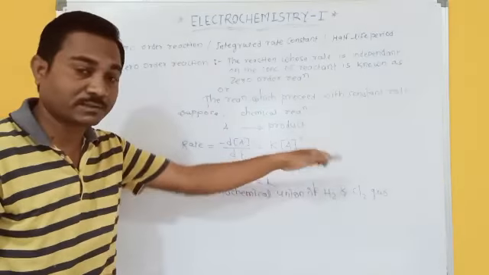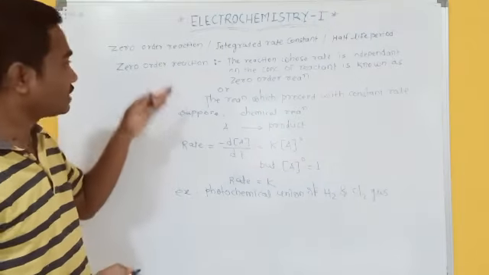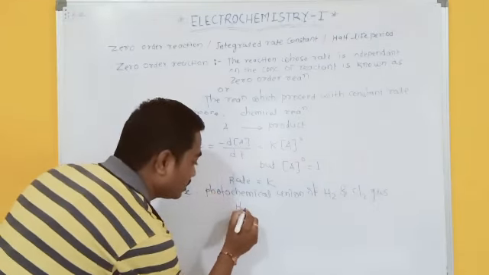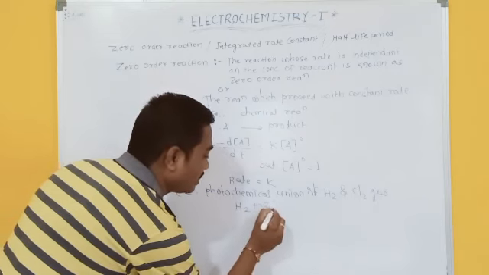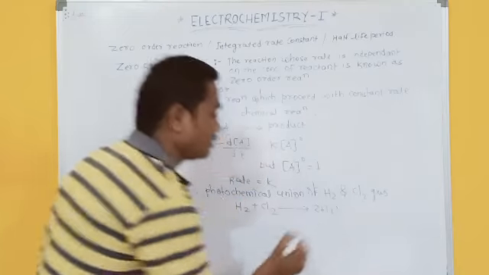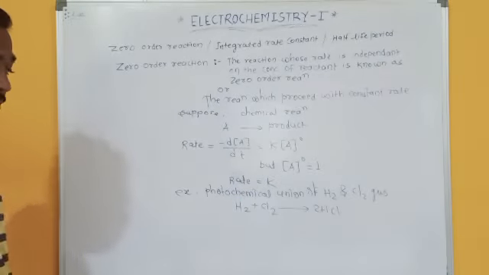H2 plus Cl2 changes to 2HCl. This is a zero order reaction.